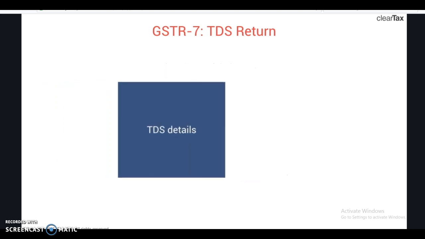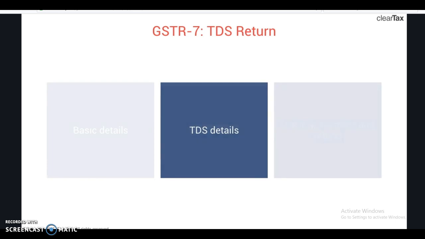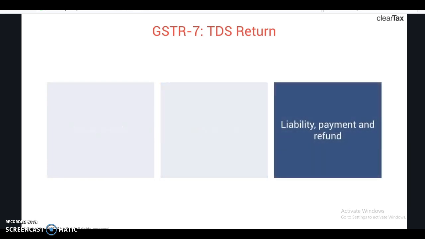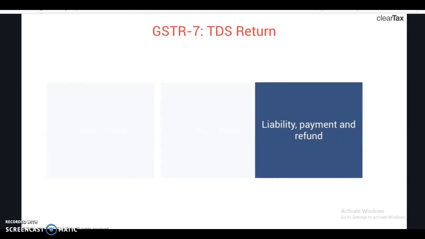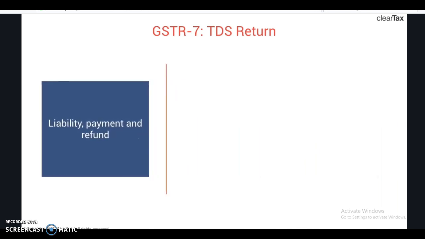That gives us only one more category to discuss, the liability, payment and refund. This is also pretty straightforward. You have the invoices that are coming, you know how much of TDS is payable. So you have to give the TDS payable and paid detail on an aggregate level. The cash ledger number, when you've paid TDS to the government, your electronic cash ledger gets debited or credited if it's payable.